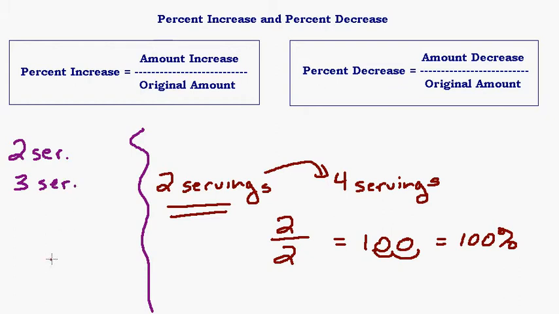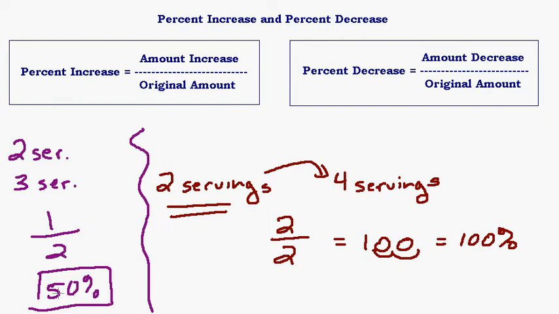So how much did you increase? 1 out of, what was the original amount? 2. 1/2 is 50%. You went up by half as much as you had started from the beginning. You had 2 servings. If you cut that in half, that's 1 and add it on. So half of 2 is 1. That's 50%. That's where the 50% is coming from, because it's out of the original amount. So those are just some ones you can kind of do in your head.